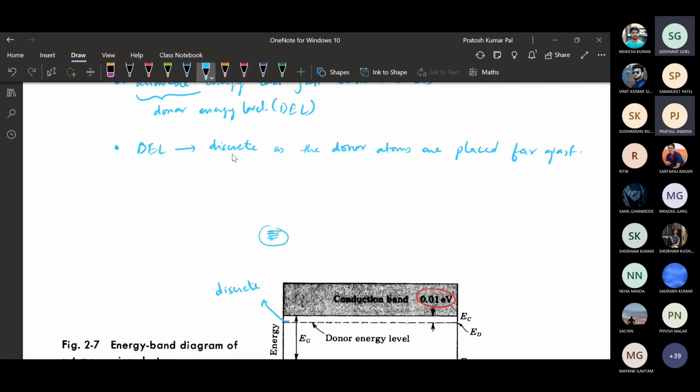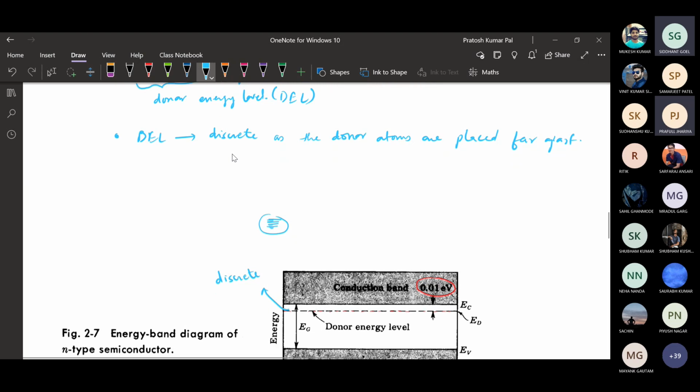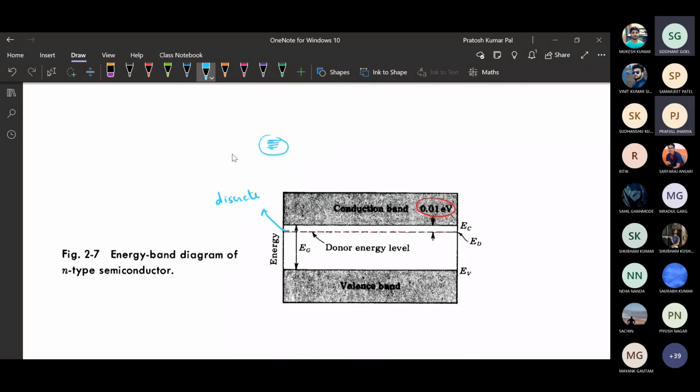In previous classes, we have seen how the energy bands are formed. Similarly, these atoms constitute different discrete energy levels that are very closely placed, so they are combinedly considered as the donor energy level. This donor energy level will provide electrons that are just close to the conduction band.